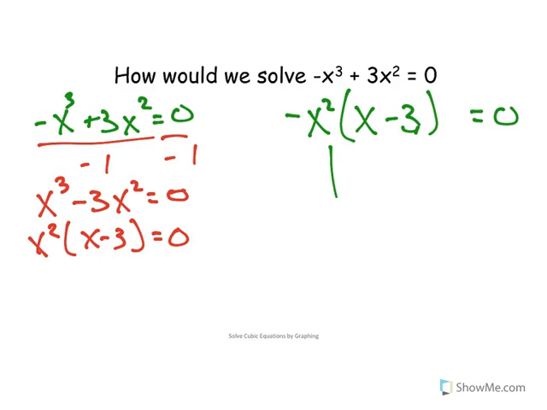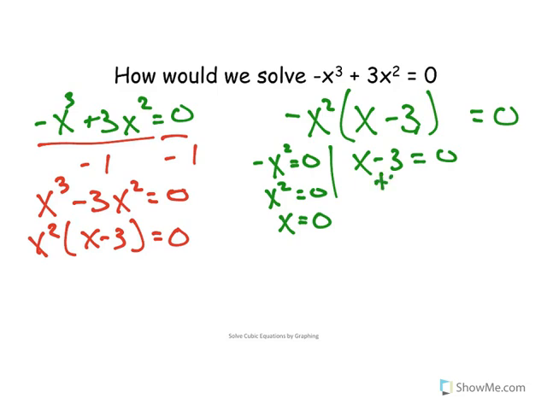When we split this up, I get negative x squared is equal to 0, and x minus 3 equals 0. Well, if negative x squared is equal to 0, I can divide by negative 1, and technically take the square root of both sides, but just logically, guys, we know if x squared is equal to 0, or negative x squared is equal to 0, that can only be true if x is 0. And here we get x is 3.